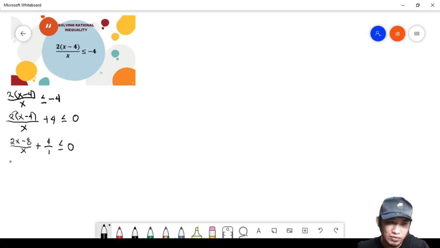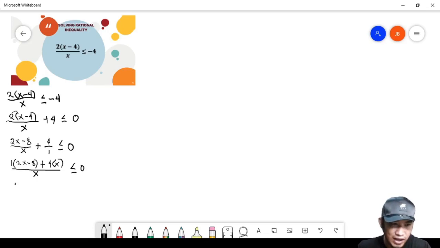Okay, so 1 multiply natin lang kay 2x minus 8. So 1 multiplied to 2x minus 8 plus si 4 multiply natin si x. 4 times x all over x is greater than or equal to 0. Ayan.